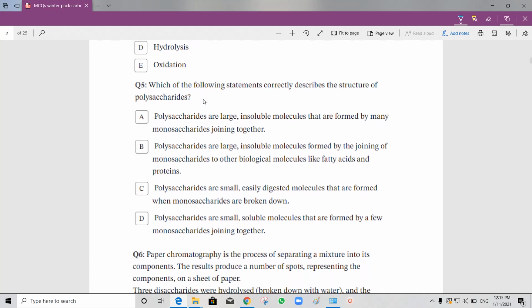Which of the following statements correctly describes the structure of polysaccharide? A. Polysaccharides are large insoluble molecules that are formed by many monosaccharides joining together.